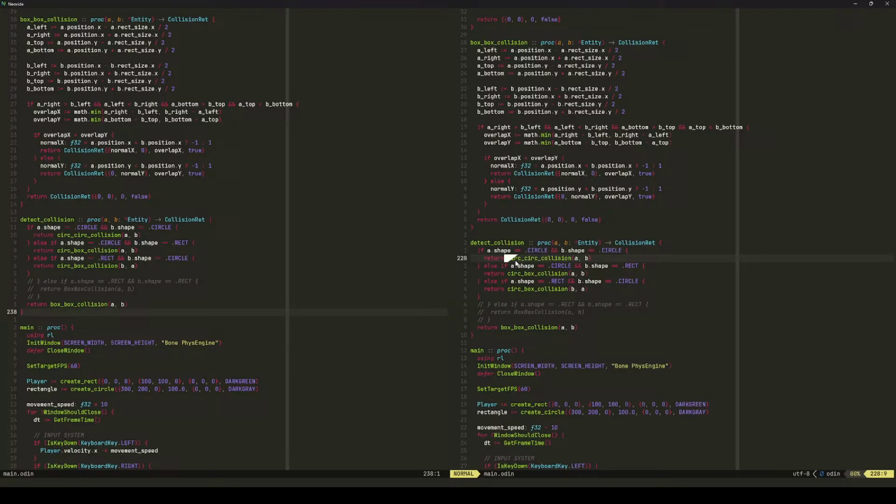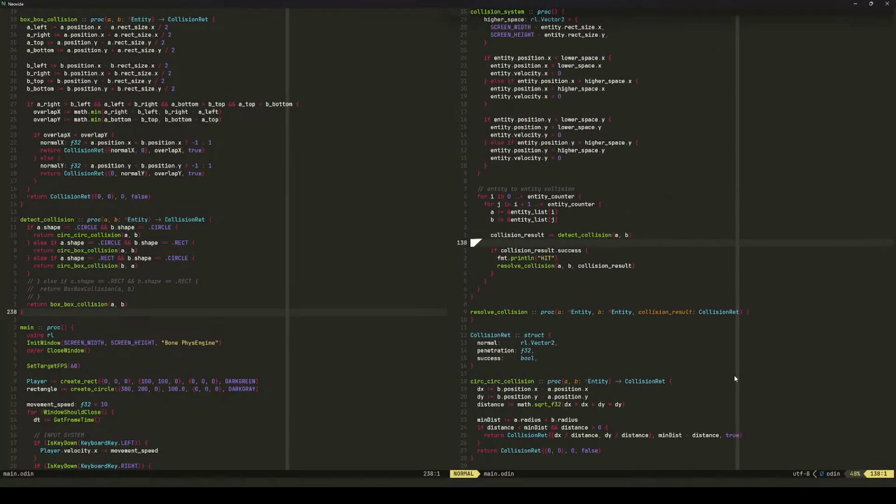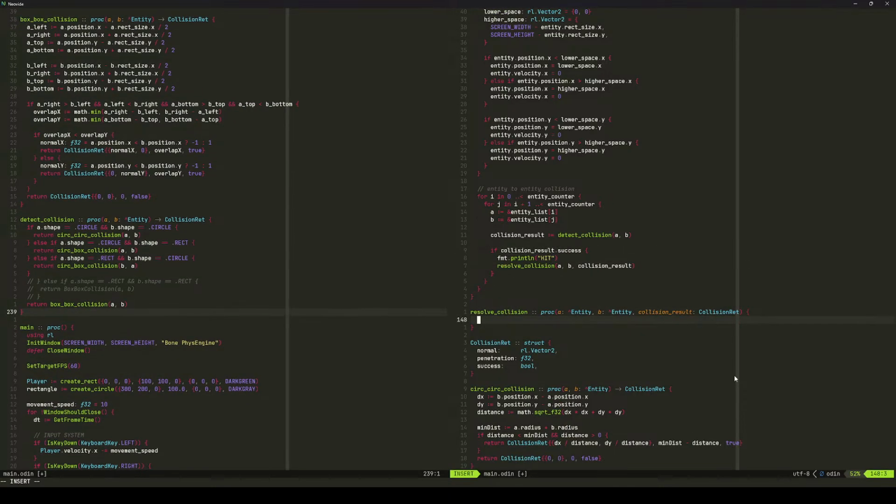Detect collision, circular collision, and then it returns a normal, right? It returns a normal and an overlap: the vector of the collision, and the distance, the magnitude. So that means I need to find, what was its name?